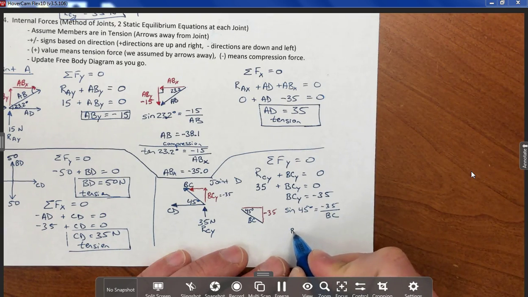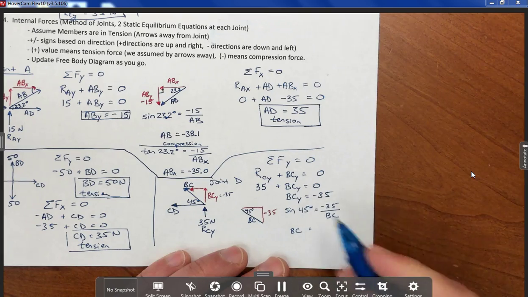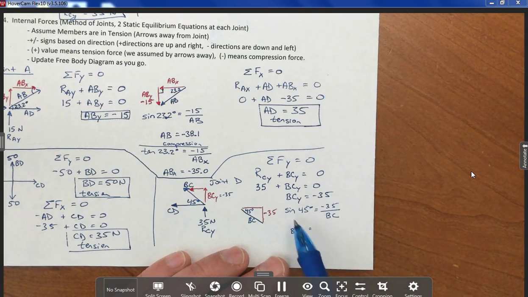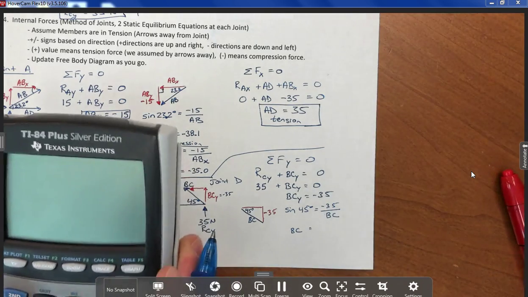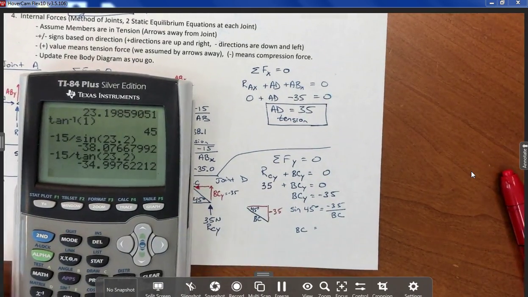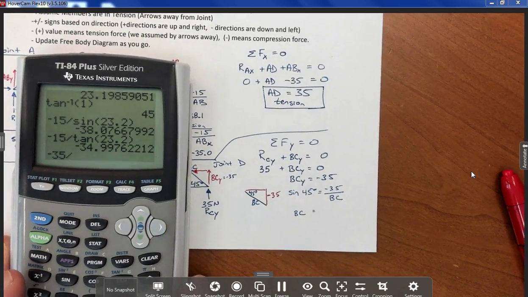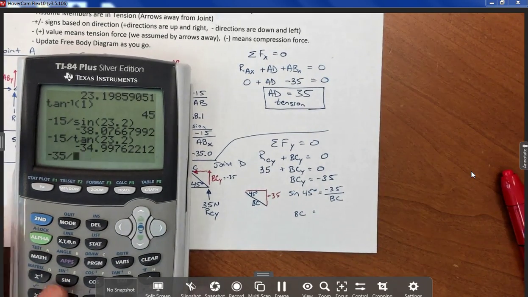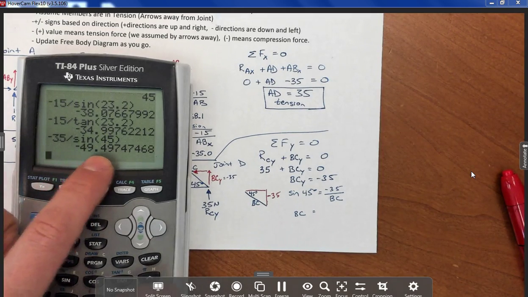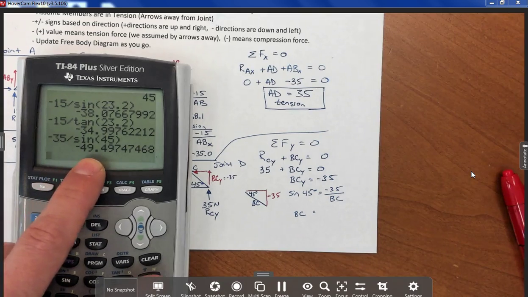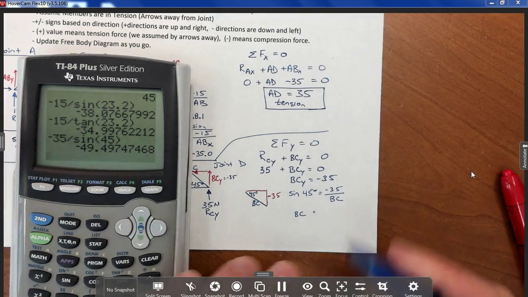Do a little bit of algebra. You're going to multiply both sides by BC. You're going to divide both sides by the sine of 45. So you'll end up with BC is equal to negative 35 divided by the sine of 45. And if I round that, I've got negative 49.5.